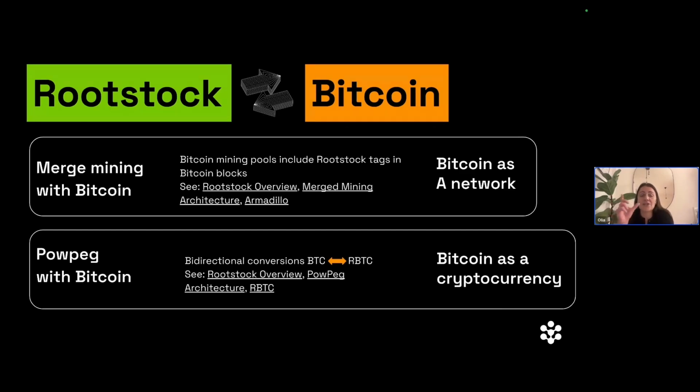The change of state of the Rootstock network is included in the Bitcoin headers. There are a lot of pools and miners that do that. It fluctuates a little bit, but around 60% of Bitcoin hash rate is used to secure the Rootstock network also. Something to mention is that there's no additional computational power being used, so it's a great solution in that sense.